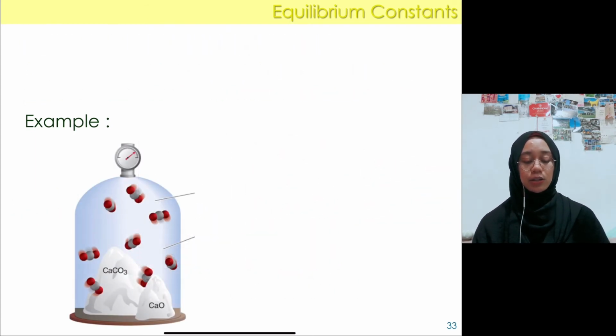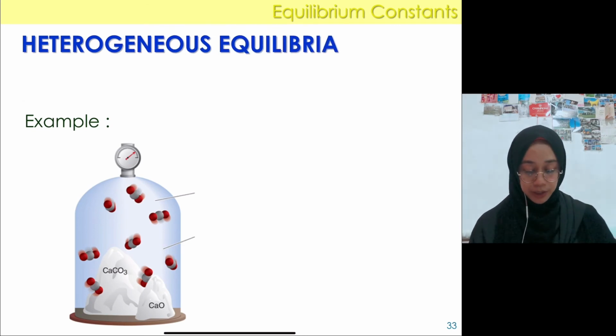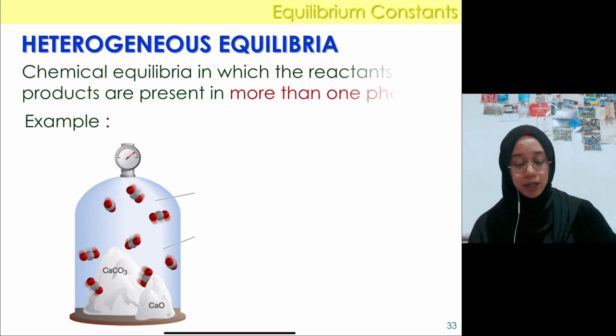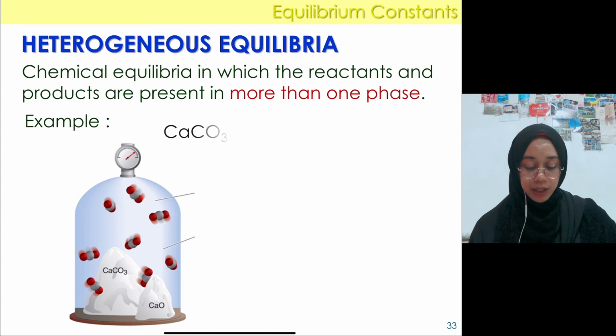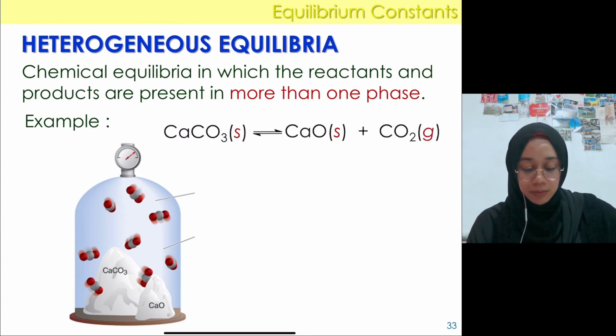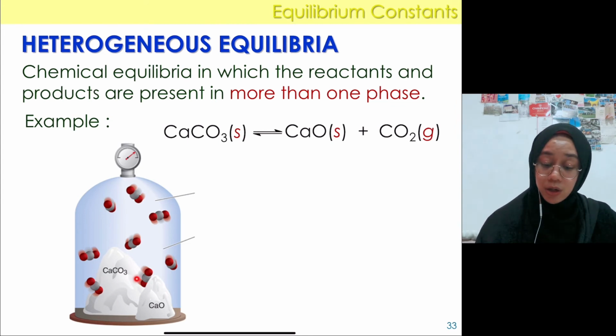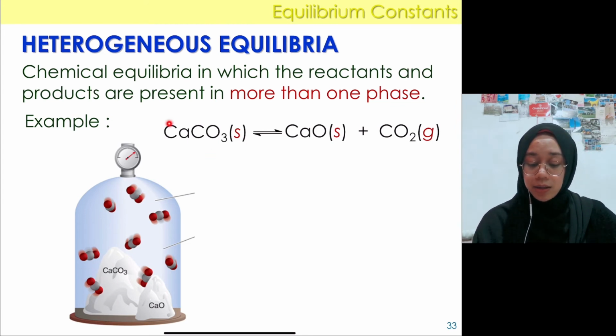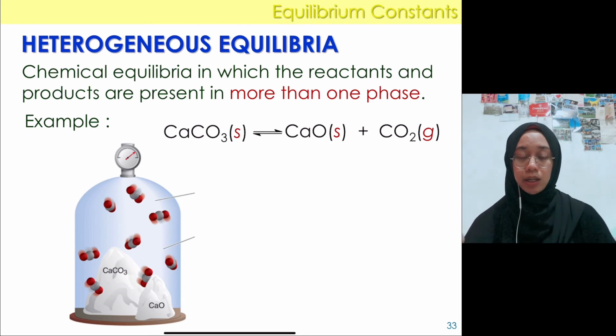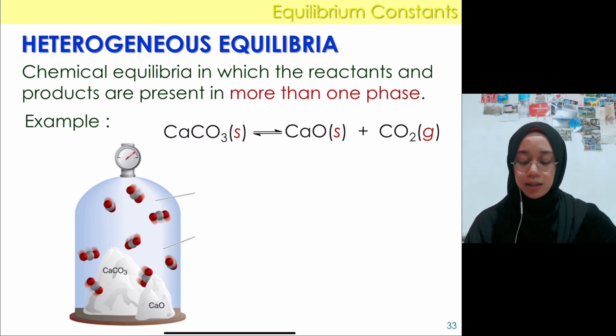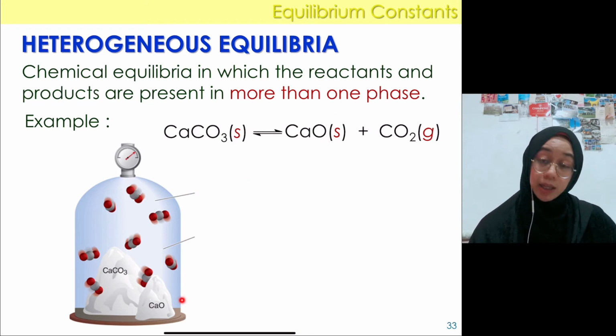Okay, so now kalau kita tengok example yang dalam jar ni, okay, so kita ada calcium carbonate dalam bentuk solid. So ni yang banyak kat sini. Okay, itu adalah calcium carbonate. And then calcium carbonate ni dia akan dissociate, dia akan decompose, menghasilkan calcium oxide, which is also in solid. So dapat bahagian kecil kat sini.